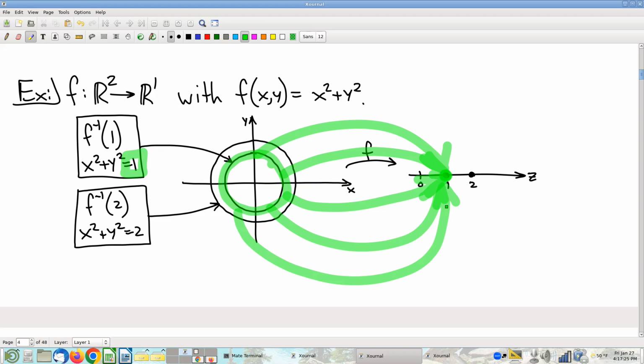So, given an output, we look at all of the corresponding inputs that land on it. And thus the idea that this is a pre-image, because instead of looking at inputs and seeing what the outputs are, we're looking at an output and kind of reverse engineering to find what all of the corresponding inputs are.